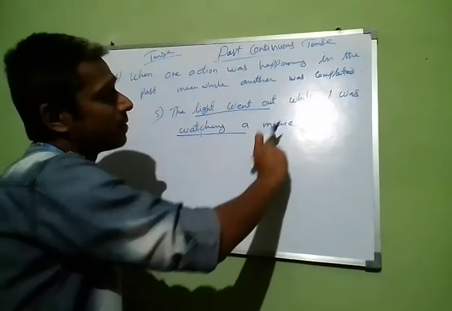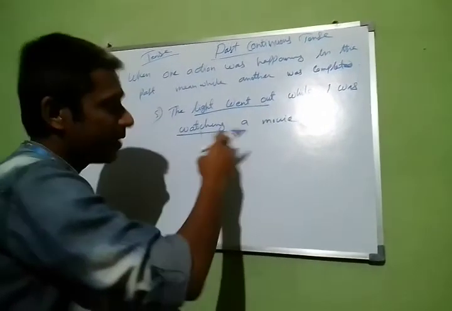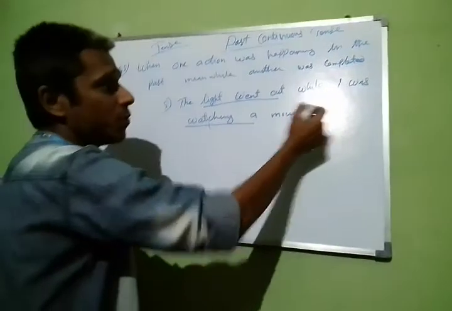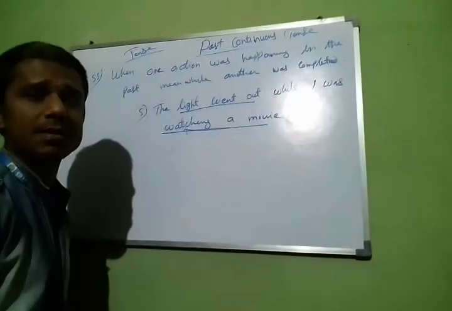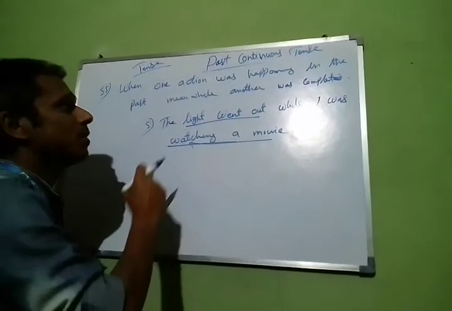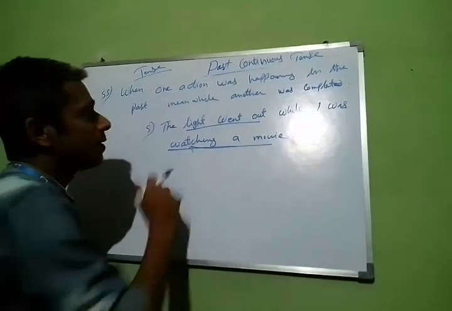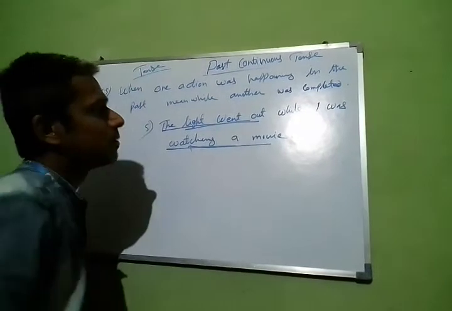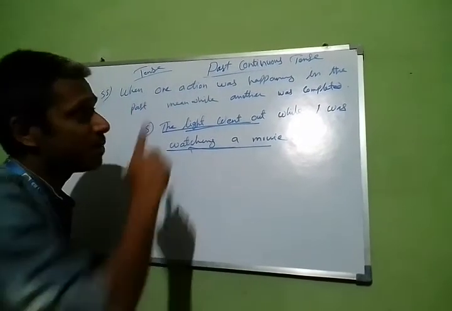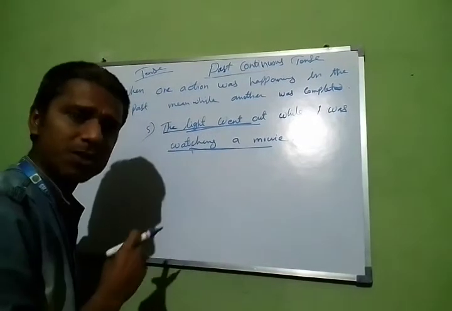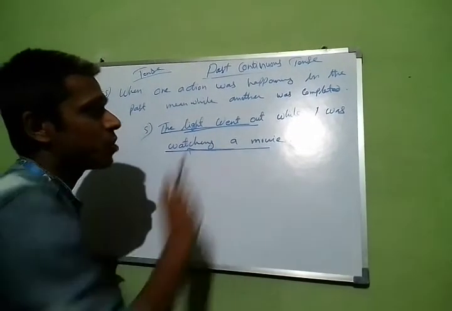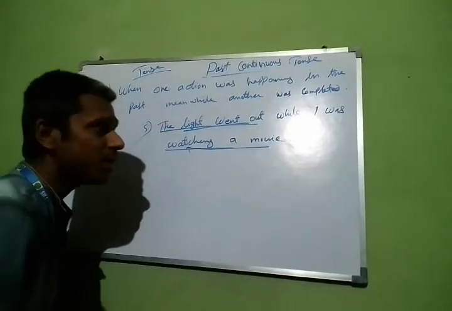So when the activity which was still going on will take past continuous tense, and the activity which completed will take simple past tense. The light went out, simple past tense, while I was watching a movie, जब मैं एक मूवी देख रहा था.